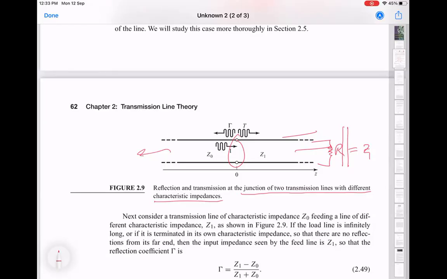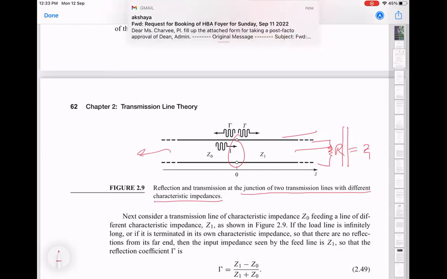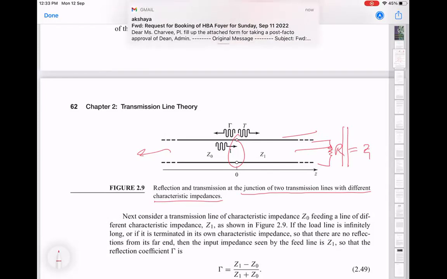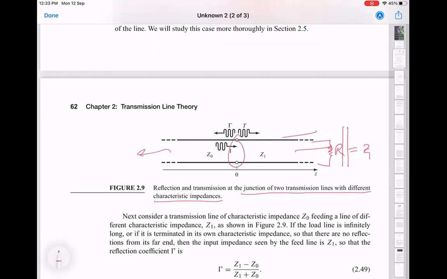Practically speaking, I could just terminate it with a matched load so that power is absorbed and then nothing comes back. If I try to equate these two ideas, it tells me that an infinite transmission line is equal to a matched load. It's equal to a resistor.